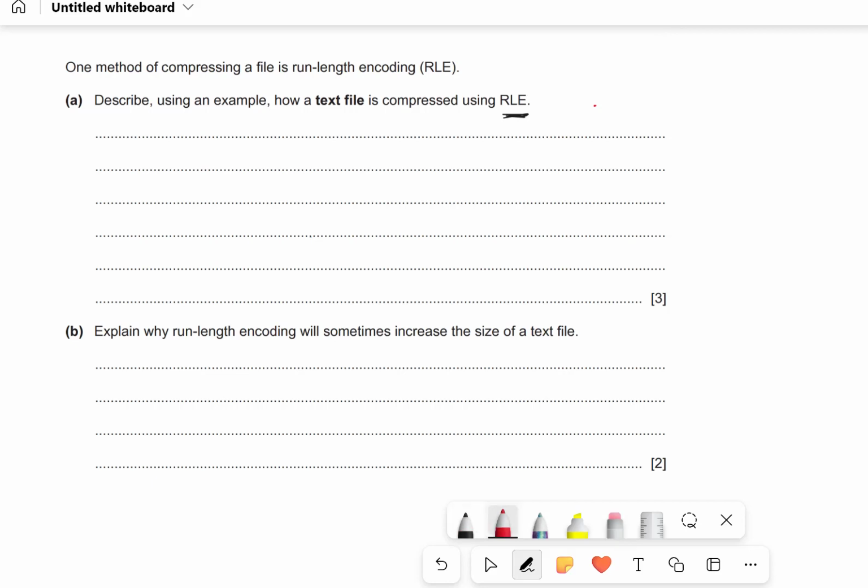So I would do my example first. Instead of storing A, I would do A, and I'll do 4. So it's 4 A's, which are going to be grouped together.